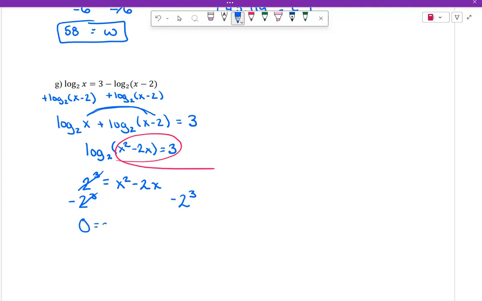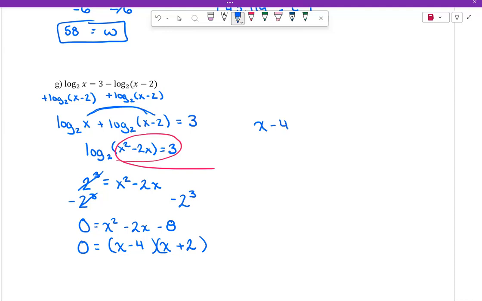So we get 0 equals x squared minus 2x minus, and then 2 cubed is 8. So what times what gives us a negative 8, but has a difference of a negative 2? Hopefully you were thinking negative 4 and positive 2.